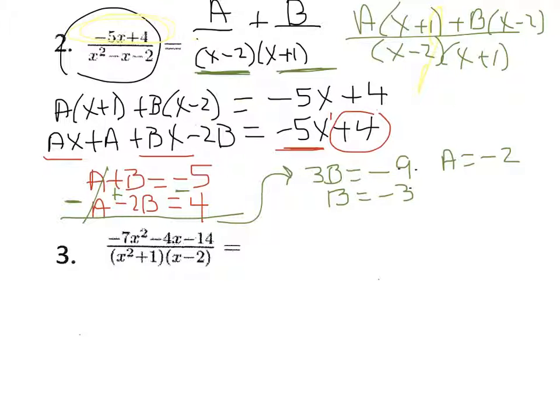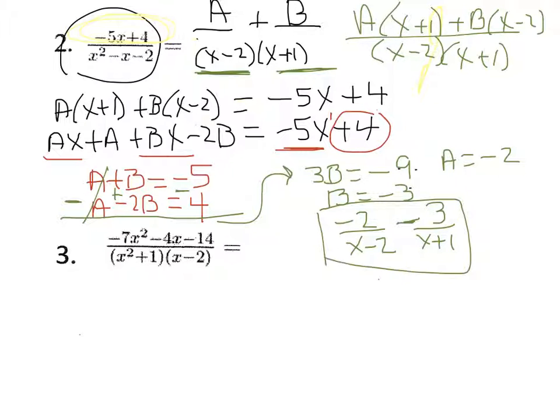Now we go back to the very first thing that we wrote, and we would say the answer is negative 2 over x minus 2, minus 3, because it's a negative 3, otherwise we'd put a plus, all over x plus 1. If you added these together, it would give you this up here, if you went through the whole thing.